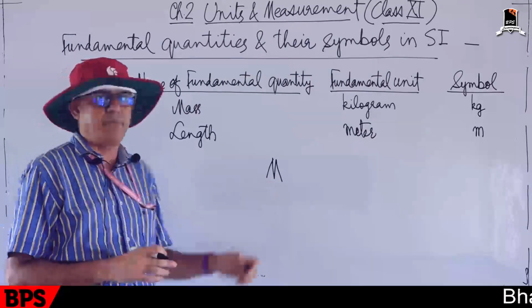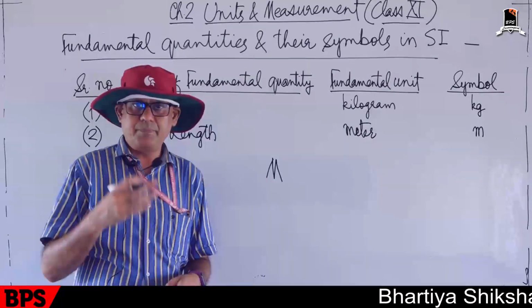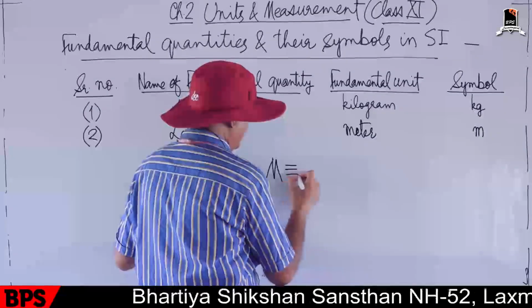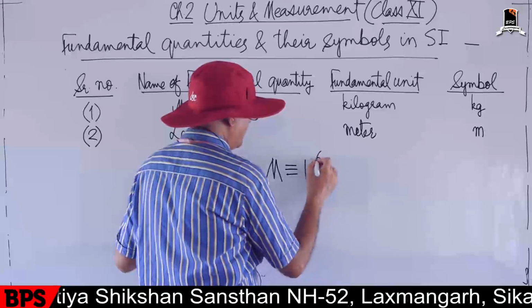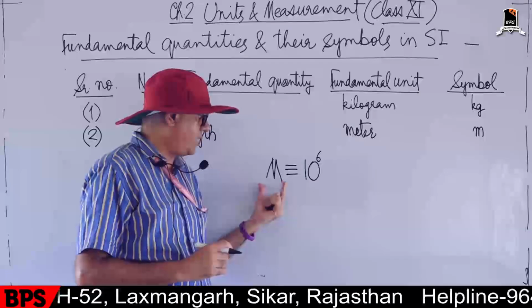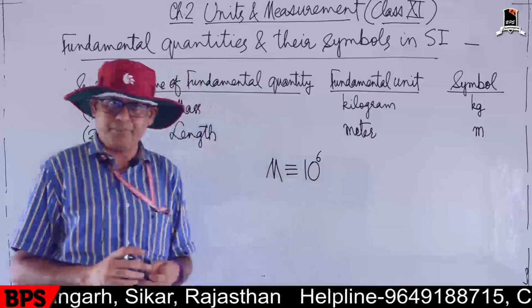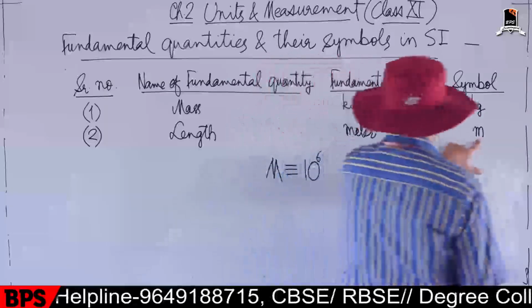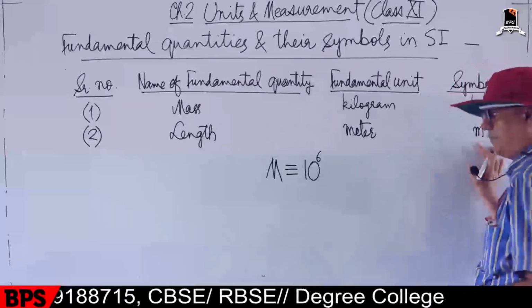Capital M means mega. Capital M stands in SI for 10 raised to power plus 6. 10 lakhs is symbolized as capital M. So the symbol for meter is small m.